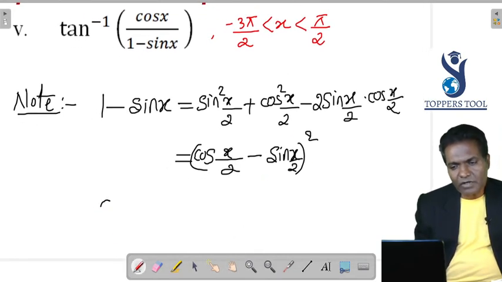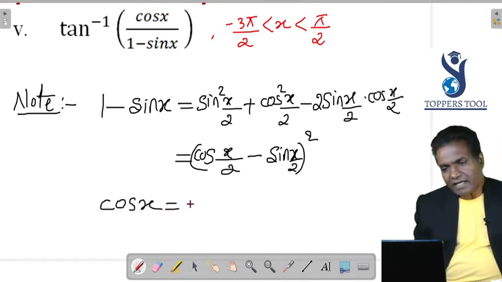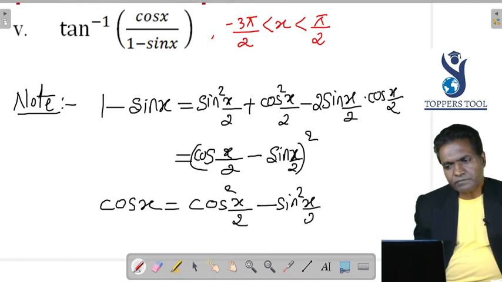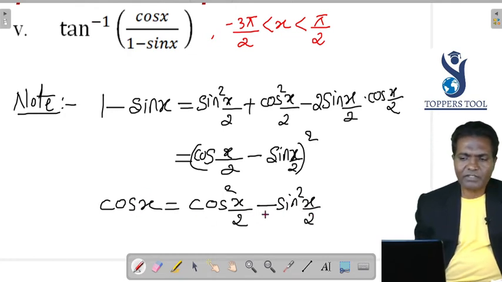Also, remember this. Cos x can be written as cos square x by 2 minus sin square x by 2. Okay, because cos 2x is cos square x minus sin square x. So here x means you have to write half of this x.